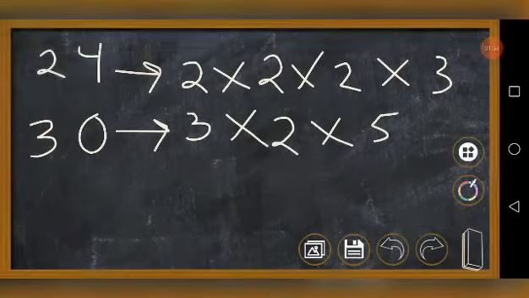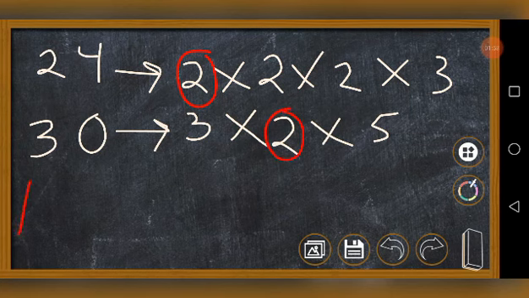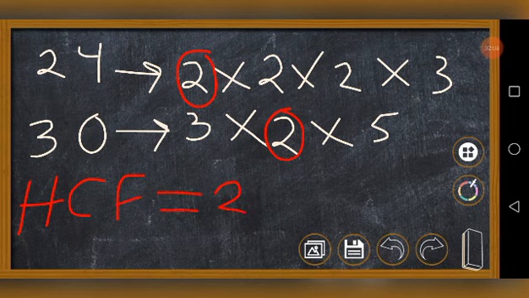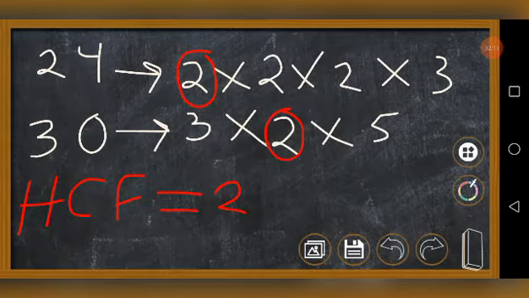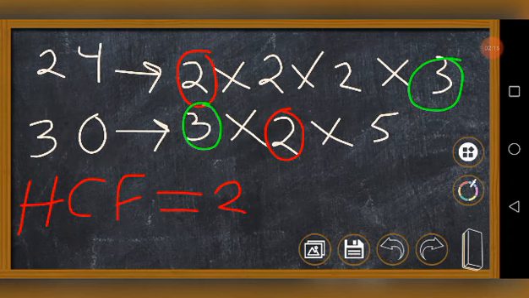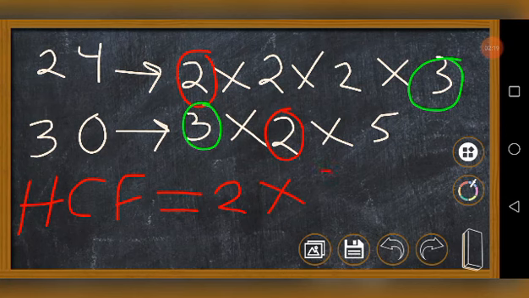I will choose first the repeating factor. We have 2. So HCF equals 2. I will choose only one 2 from the 2s. And another repeating factor is 3. So we can choose 3 also. So the HCF is 2 times 3 equals 6.